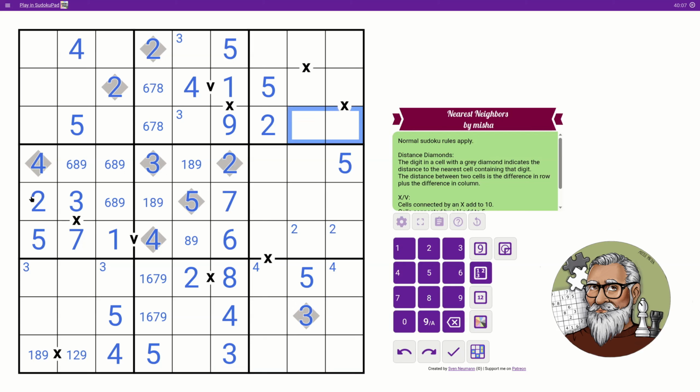One of these is a 4. Does it matter? Doesn't look like it. 4, 6 is still okay. What about this one? It's not 4, 6. It's not 2, 8, obviously, and it's not 3, 7. So this is 1, 9. That helps.